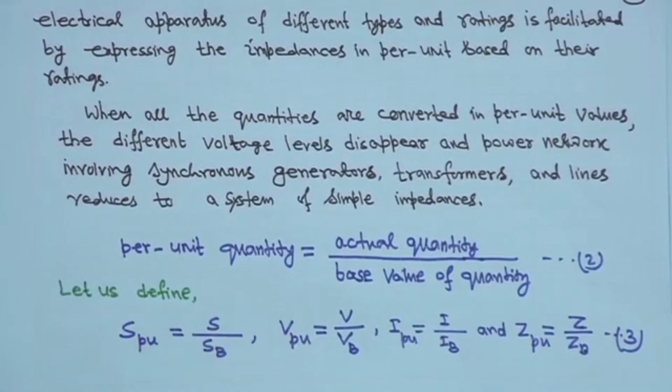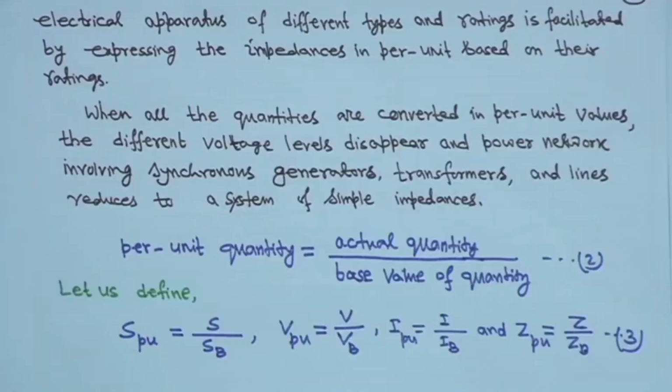And when all the quantities are converted in per unit values, the different voltage levels will disappear in your circuit diagram, because suppose at the generating station, maybe your voltage is stepped up from generator terminal voltage, say 10.6 kV, to 220 kV, then from 220 kV the line will go, then 220 kV by say 132 kV, then 132 by 66 kV, then 66 by 33 kV, and so on.